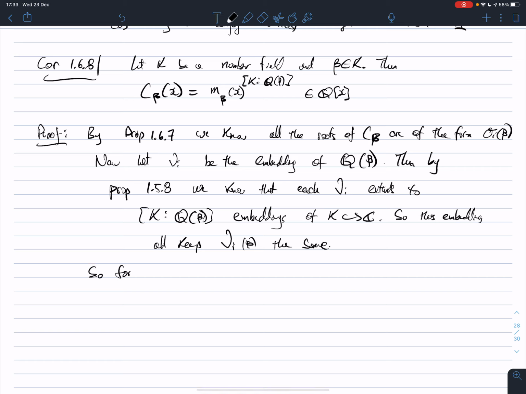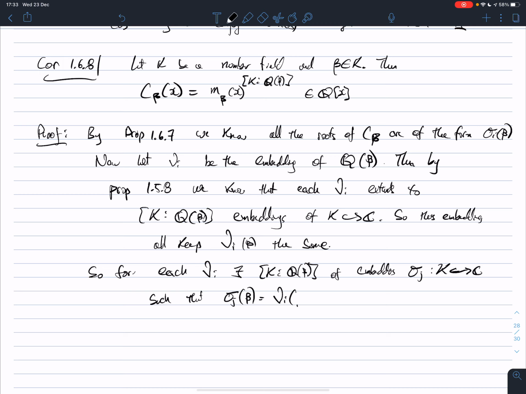So for each eta i, there exist [K:Q beta] embeddings sigma j, which go from K to C, such that sigma j of beta is the same thing as eta i of beta.